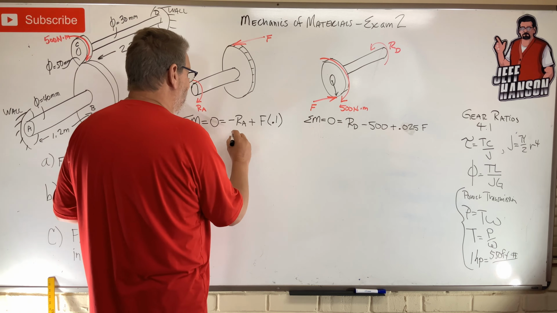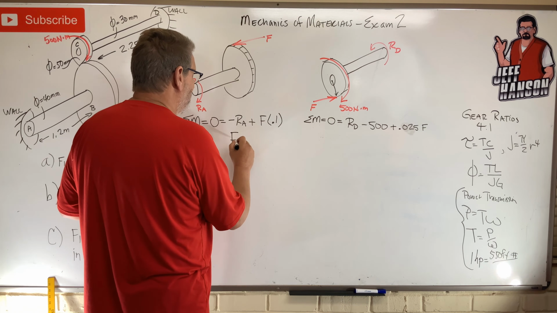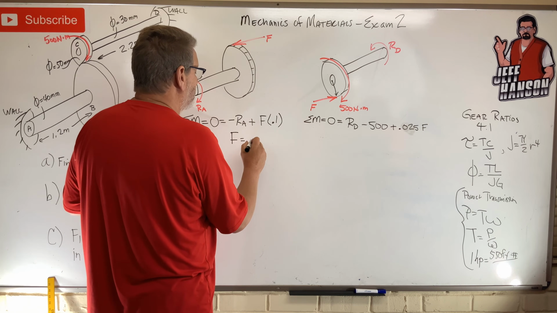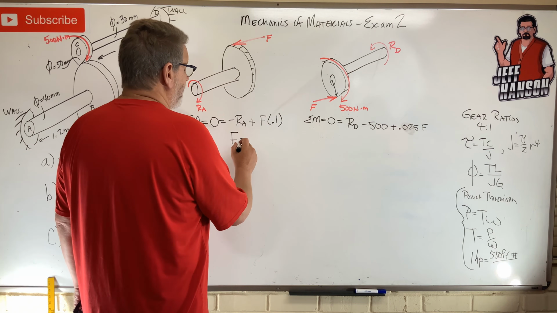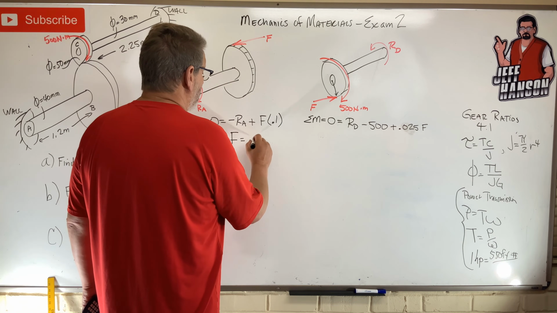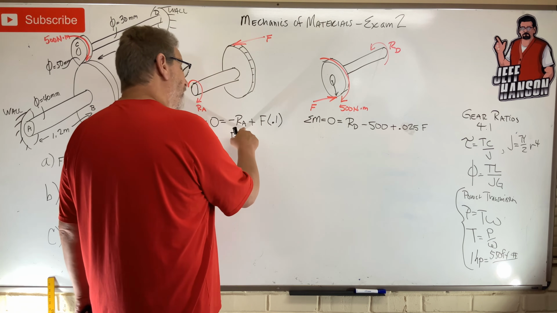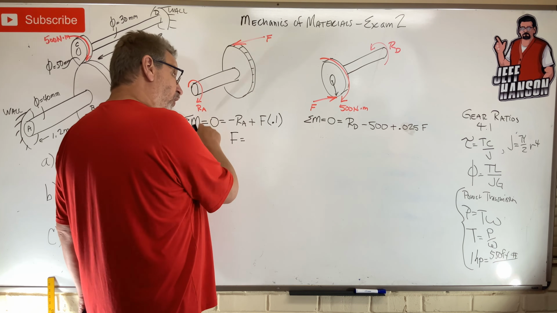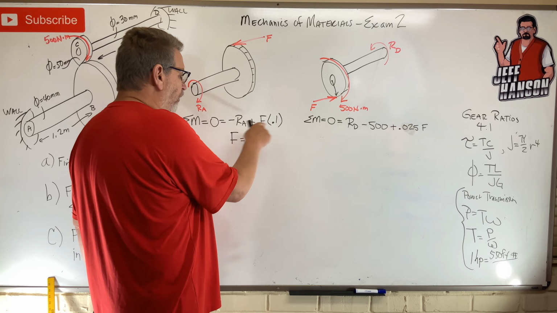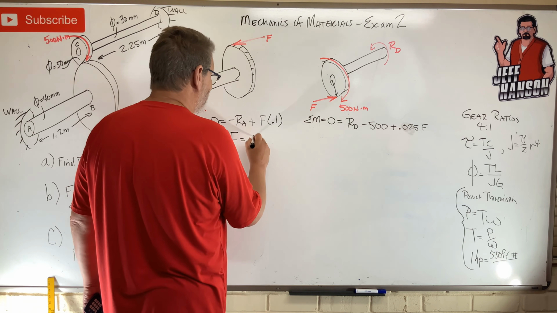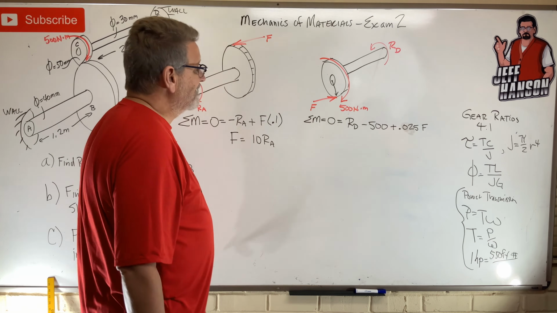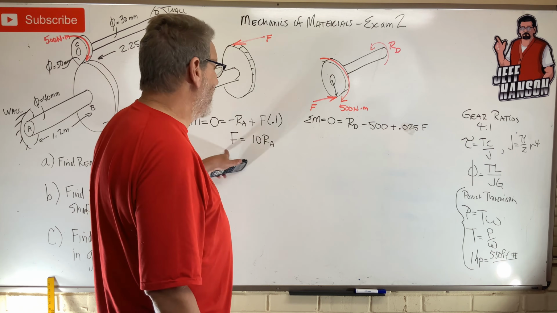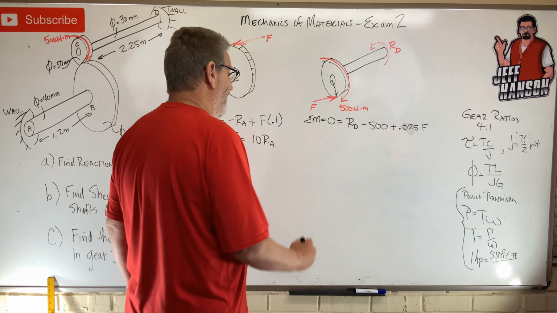So RA, well, let's just do F, shall we? F equals... calculator. Move the RA to the other side, and there's a 1 in front of the RA, right? Divide 1 by 0.1, it goes in there 10 times, doesn't it? So F is 10 RA.